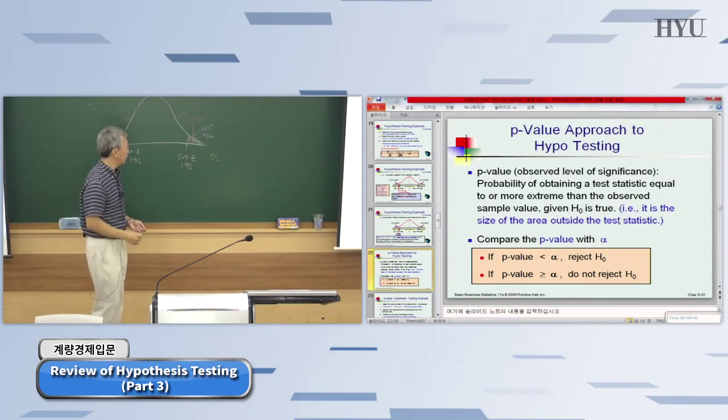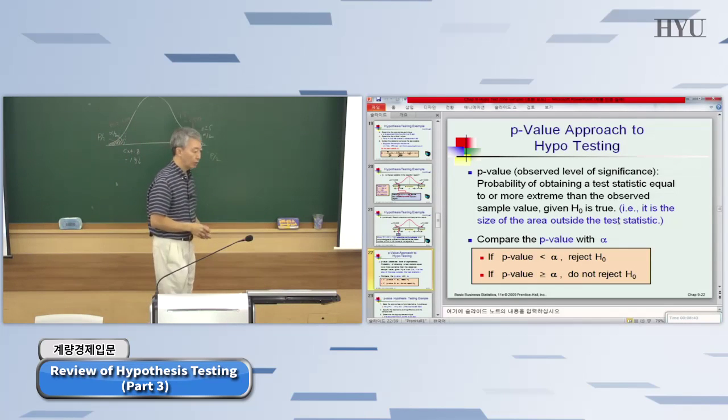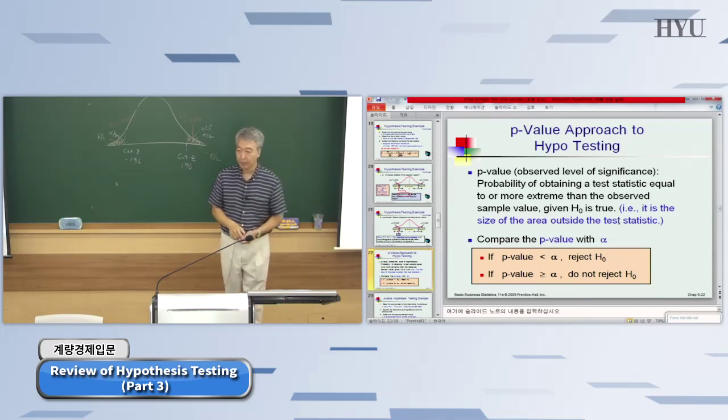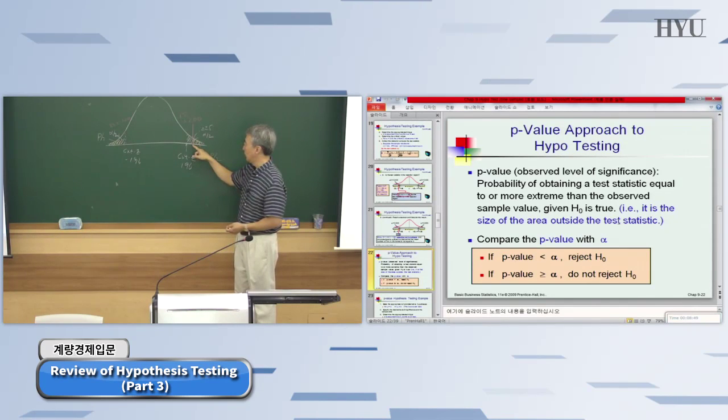Well, between alpha and p, which one is larger? Alpha is larger. Why? Because our test statistic is right here, so apparently the yellow shaded area here is smaller than the white shaded area here, because the test statistic exceeded the critical value, right?